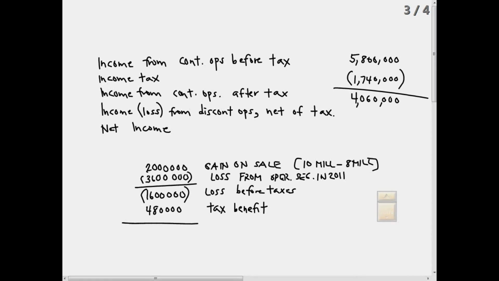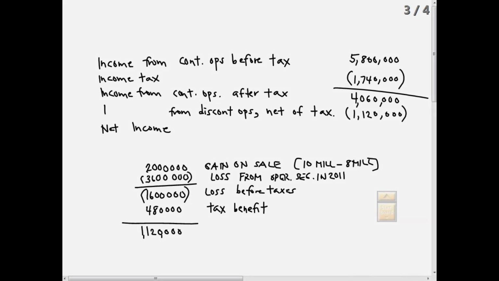Okay, so what do we have? Boom, boom. Okay. This is my net of tax income or loss, in this case, from discontinued operations. Okay, so 1, 1, 2, 0. Now, what you would normally see from a company is they would not have the brackets.